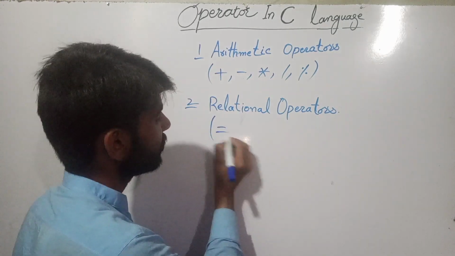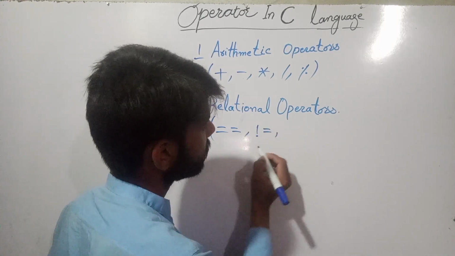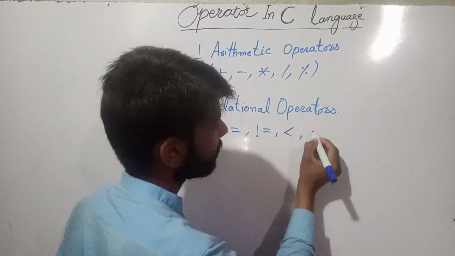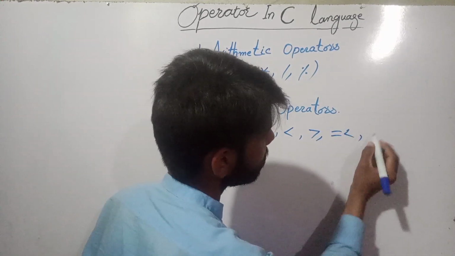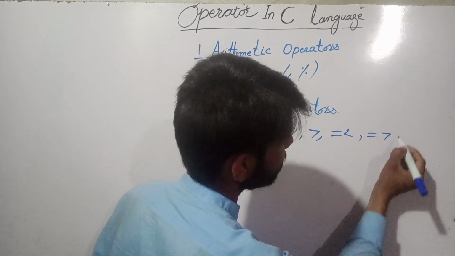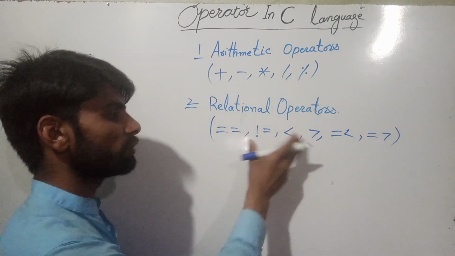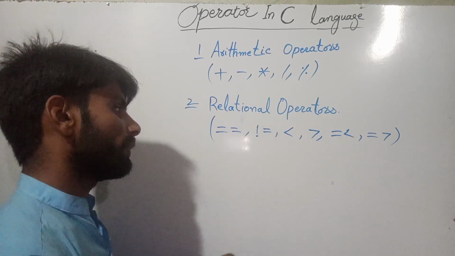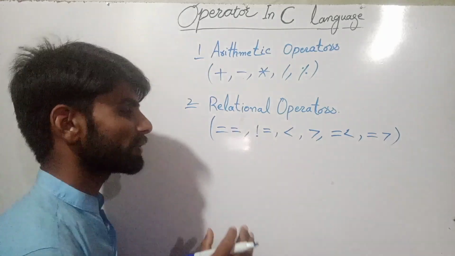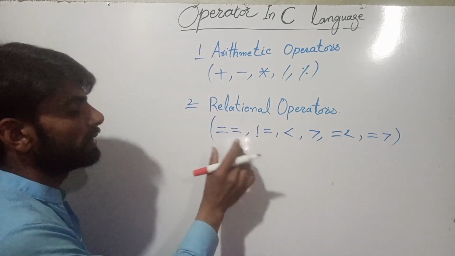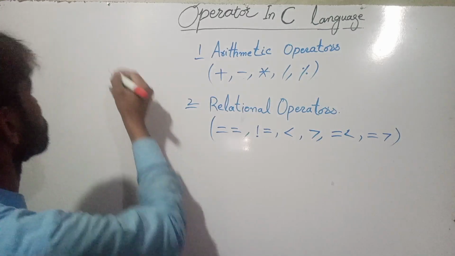These operators are equal, not equal, less than, greater than, less than or equal, greater than or equal. These are all relational operators that are used in C programs to make the decision whether a condition is true or not.